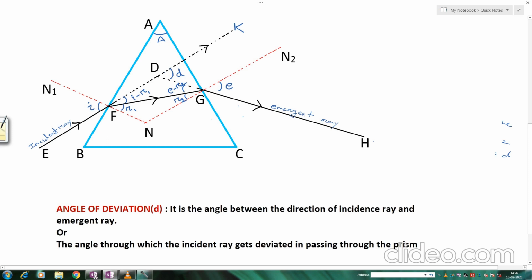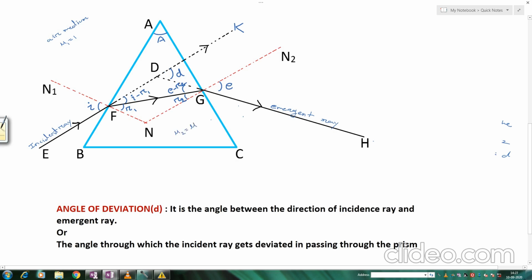Now we know that basically the outer medium is air. So this is the air medium having refractive index 1. The other medium is generally glass, but we will write its refractive index as mu2 equal to mu.